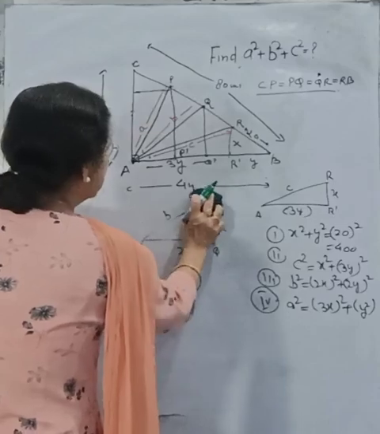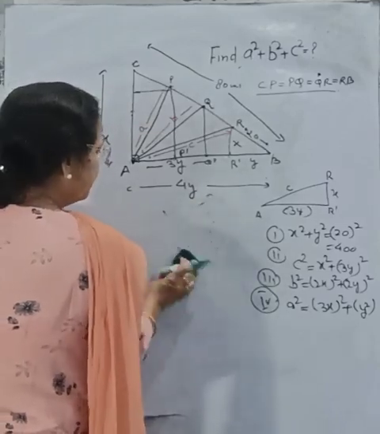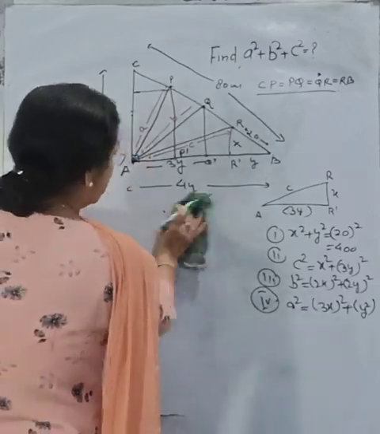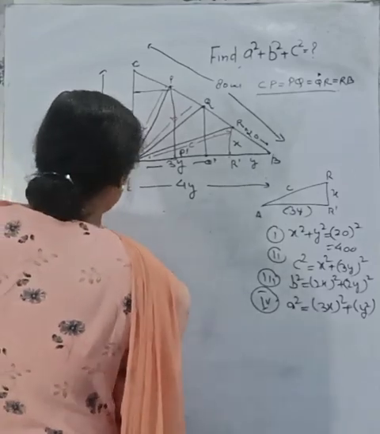Now these are the four equations, out of which, if we add the second, third and fourth, we will get the value of a square plus b square plus c square.